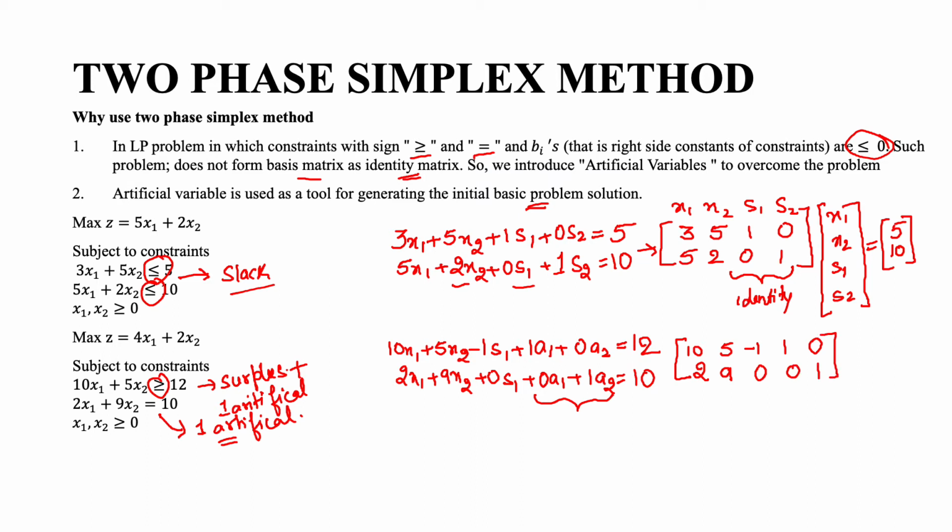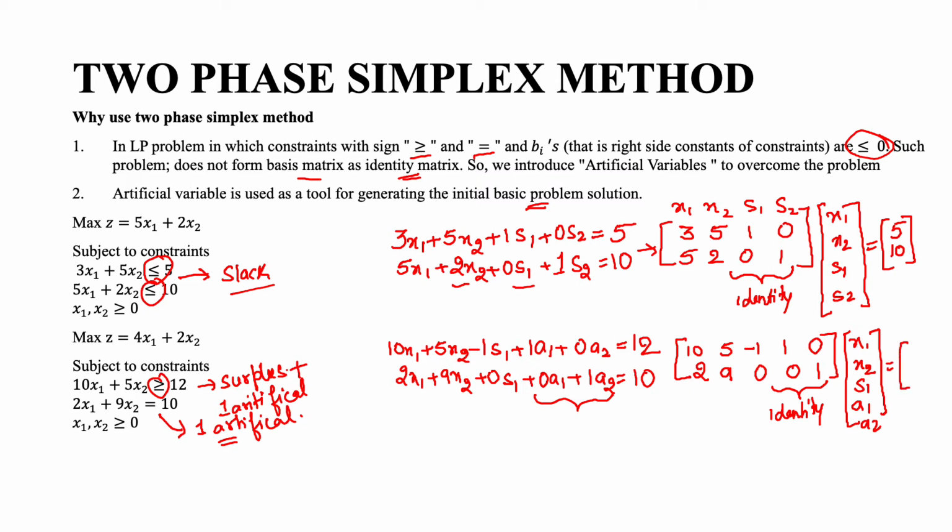So now the artificial variables make my basic matrix an identity matrix. With the help of artificial variables, I am having my basic matrix as an identity matrix. So this is the matrix form of that.